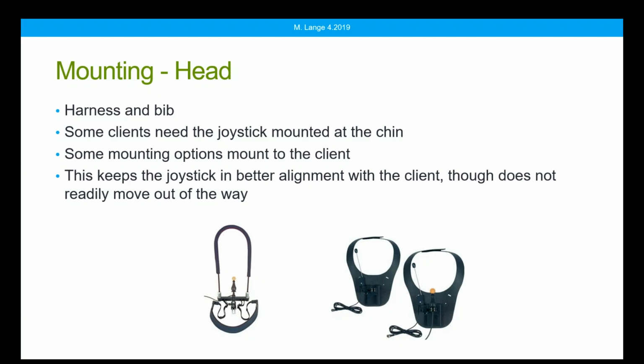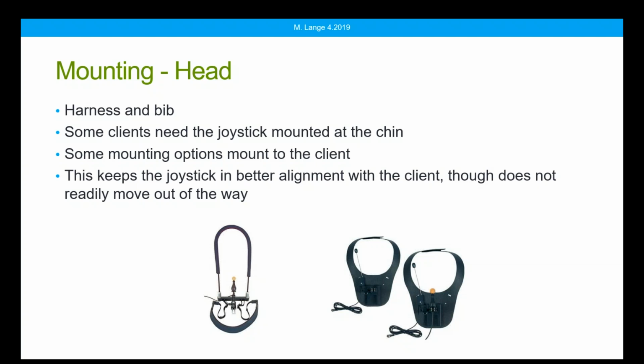Depending on the harness or bib, there's varying degrees of adjustability. That adjustability is really important. We could have 20 different people driving with a joystick by their chin, and the exact placement of the joystick is going to vary quite a bit from person to person. It might be just in front of the chin, might be under the chin, might be even a little behind the chin, depending on where that client has the most control.